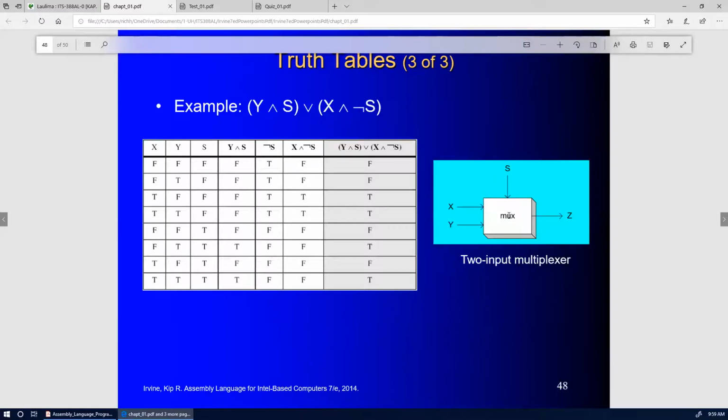This is a multiplexer, and the way a multiplexer works is, I'm going to switch over to, end sharing, and I'm going to move this over to this computer.